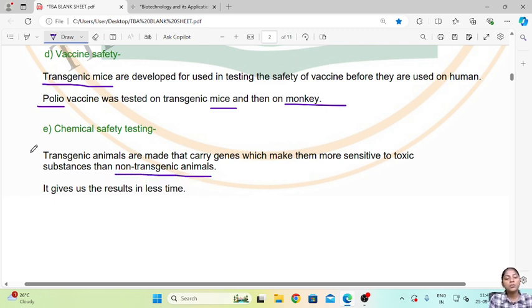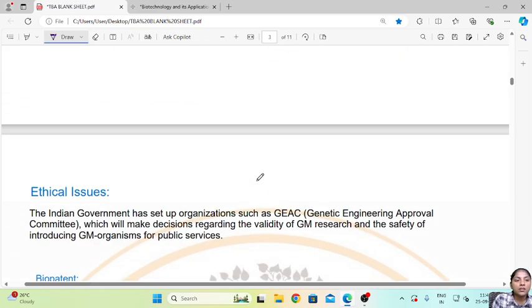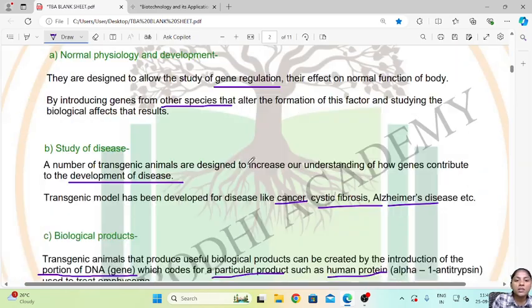These animals are made to carry genes which make them more sensitive to toxic chemicals as compared to normal non-transgenic animals. So it gives us the results in less time. So this was about the transgenic animals.